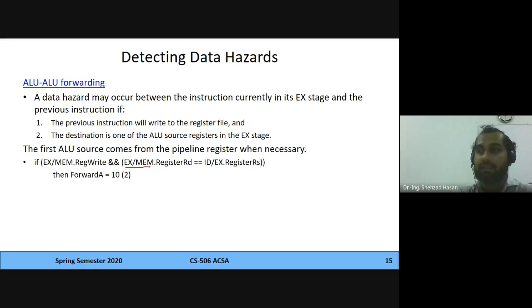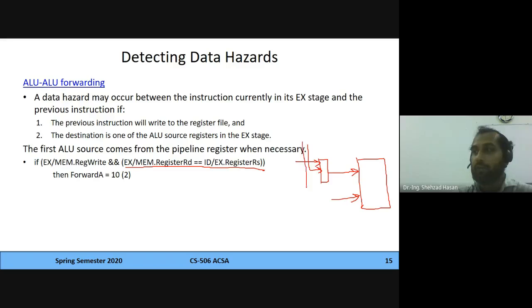The main thing over here is this. Remember, in an ALU, there are two different inputs. So we are just talking about the first input. We are just talking about the first multiplexer. So it's getting one value from the register file, another from the EXMEM pipeline register, and another from the MEM WB pipeline register.